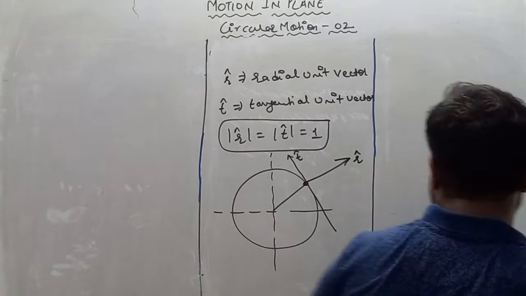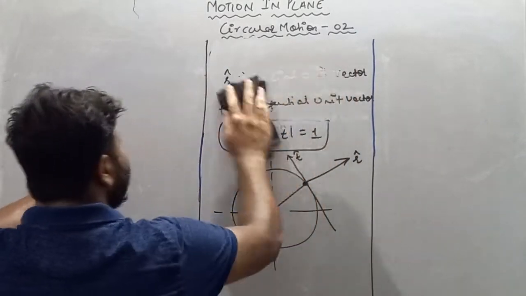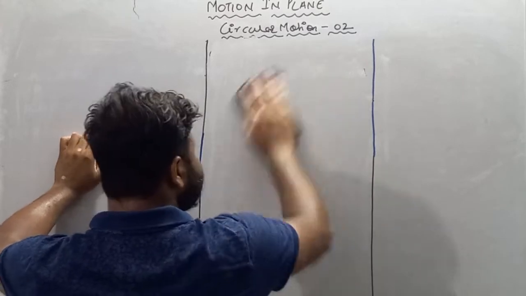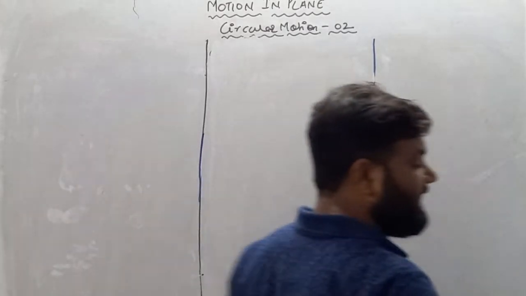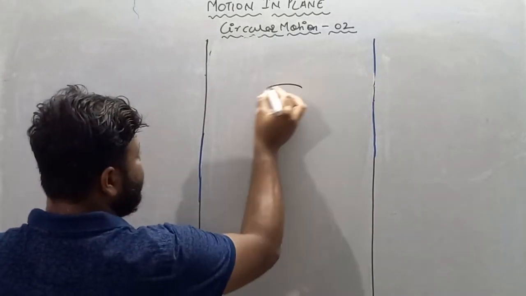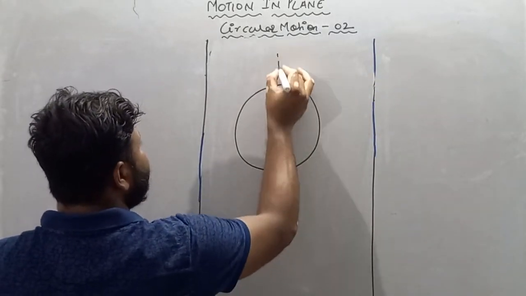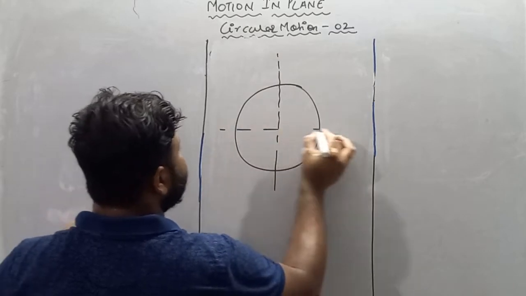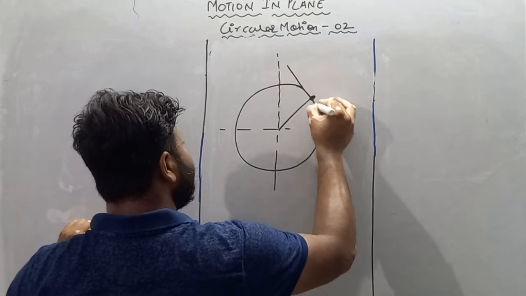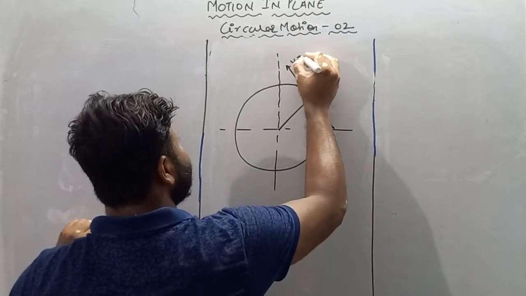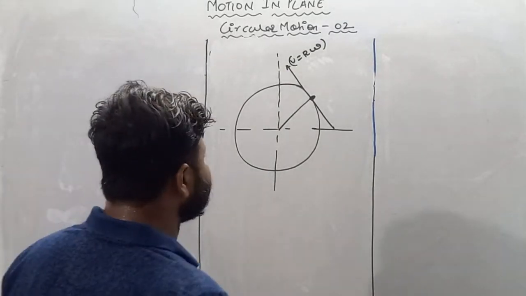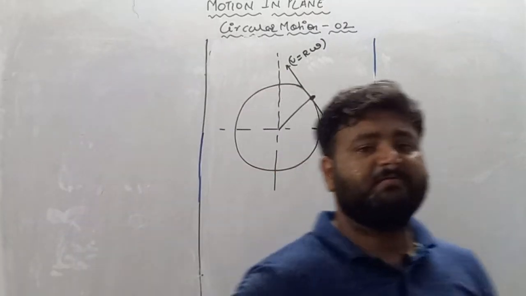And we already got the relation of linear velocity when the particle is in circular motion. It is r omega. If the particle is moving in a circular track, then its linear velocity is always towards the tangent and it is r omega, where r is radius and omega is angular velocity.